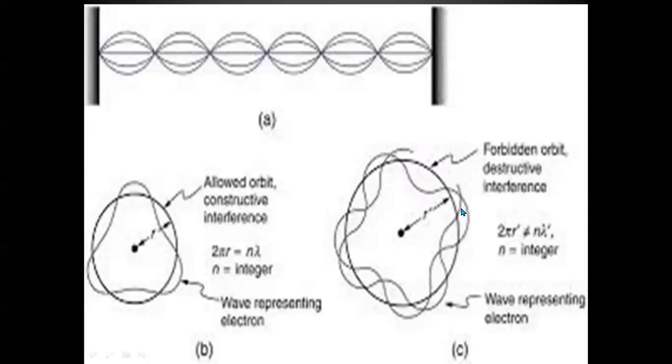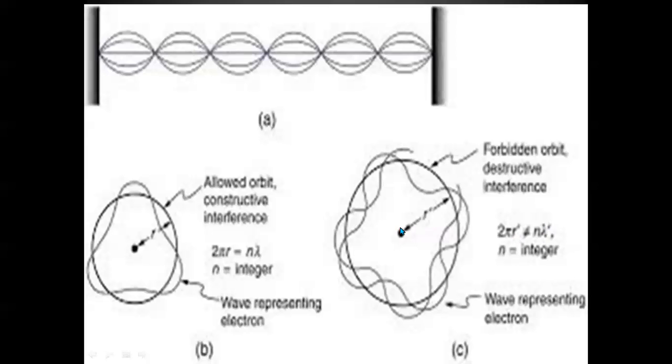Therefore, the rule doesn't fit here. It is not in accordance with this rule, which says that in the circumference of the circle there should be n number of lambda or n wavelengths. So in this case 2 pi r is not equal to n lambda. Here it is given as r dash.